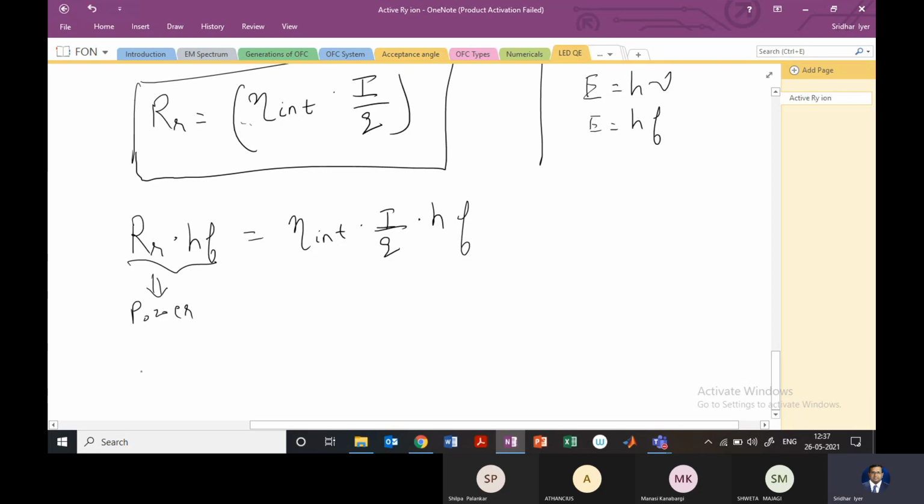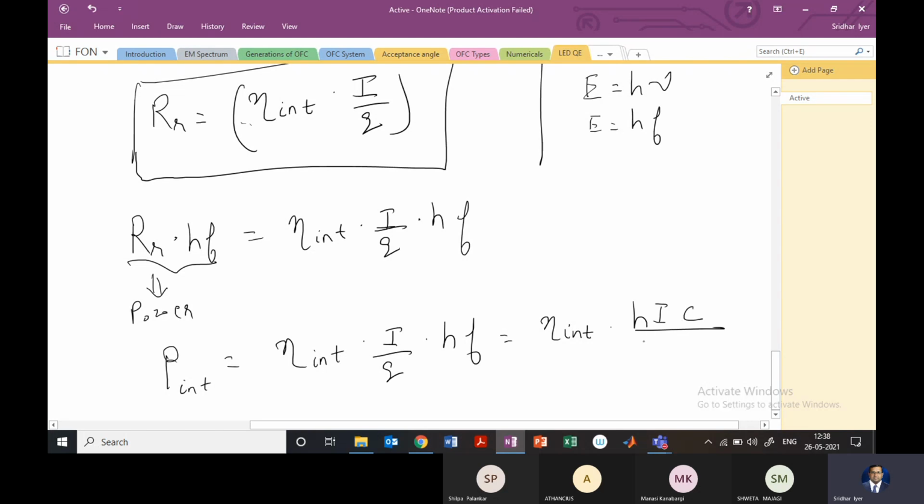So we are going to denote this as internal power, and this is eta_int into I divided by Q into hf, which can also be written in terms of wavelength. I can write f as c by lambda.